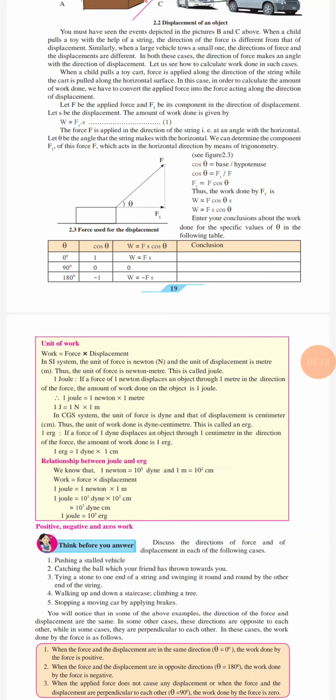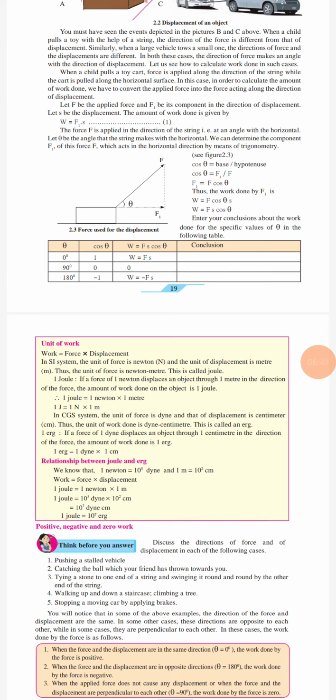Now you will notice in all these examples the force and displacement are there. Pushing a stalled vehicle, you have to apply a force, and the vehicle will move by some displacement, maybe 1 meter or half a meter. So force and displacement are in the same direction.